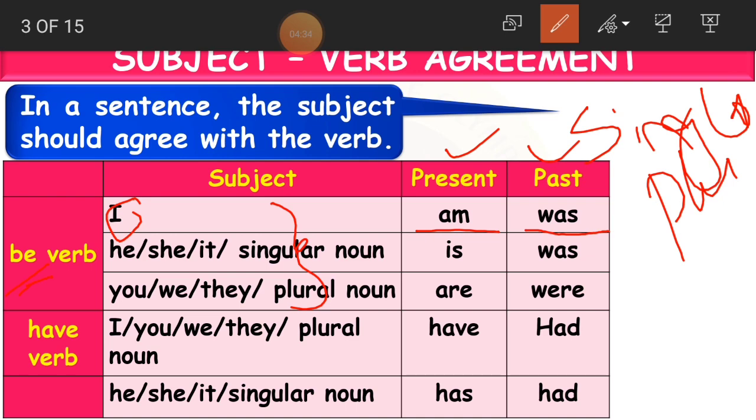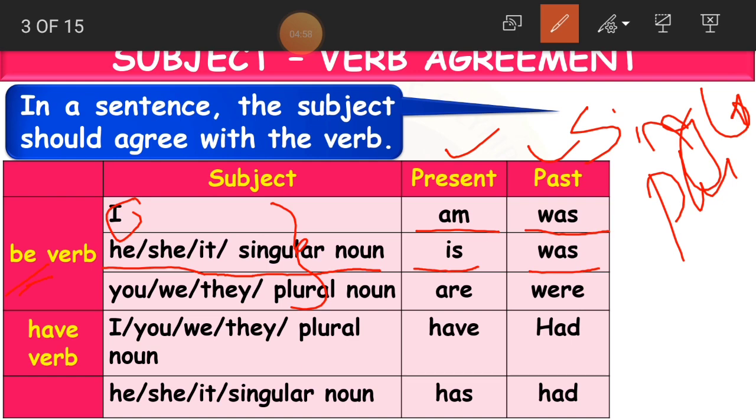Now if you go for he, she, it or any other singular noun, if the subject is one of these words, then in present tense we have to use is. In past tense we have to use was.